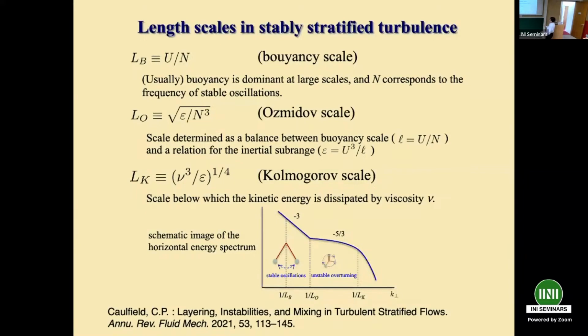So schematically, if we look at the energy spectrum, the large scale comes from stable oscillations, like a pendulum swinging stably, which gives a rather small nonlinearity, and that's why the energy cascade is smaller and we have a steeper spectrum, -3 or something.